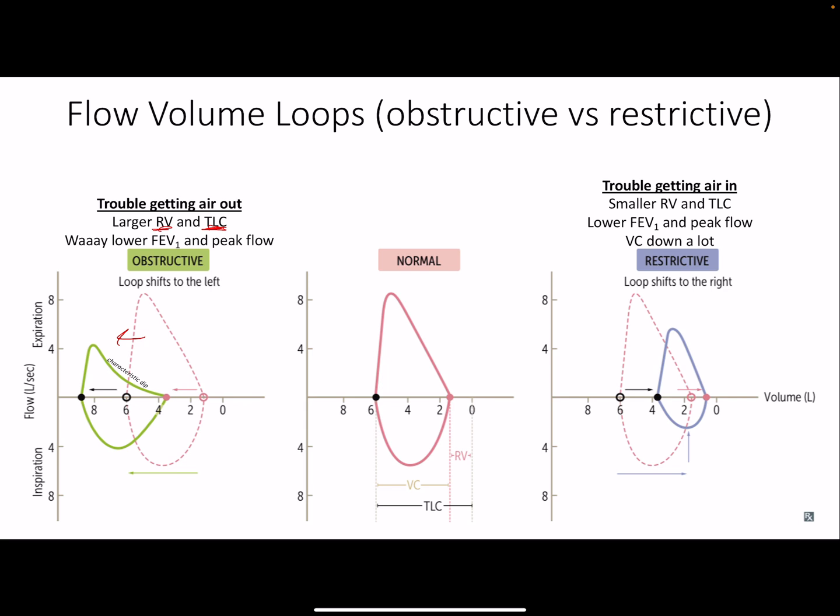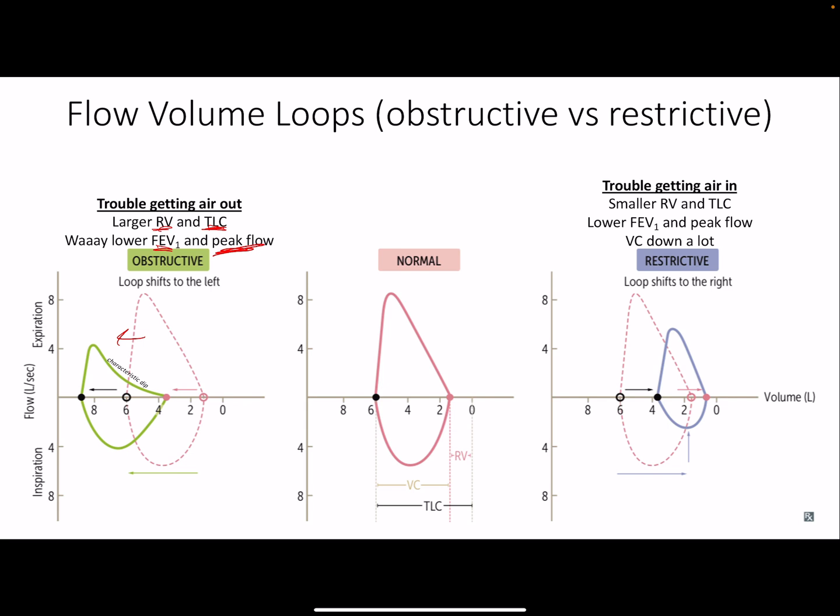Your TLC goes up, your FRC is up, all that goes up, but the RV goes up the most, because you can get air in, but you can't get it out. And any air that you can't get out counts as the residual volume. This increases the most of all. You're going to have a really hard time getting air out. That's sort of how we define obstructive lung diseases. So your FEV1 and your peak flow, your PEFR, are going to go down especially.